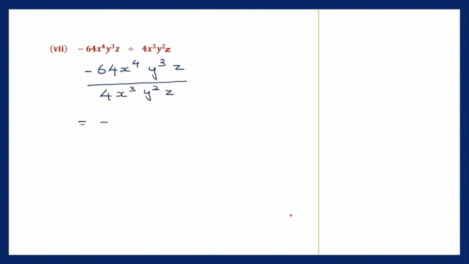So that becomes minus 64 into x to the power of 4 minus 3, into y to the power of 3 minus 2, into z to the power of 1 minus 1.